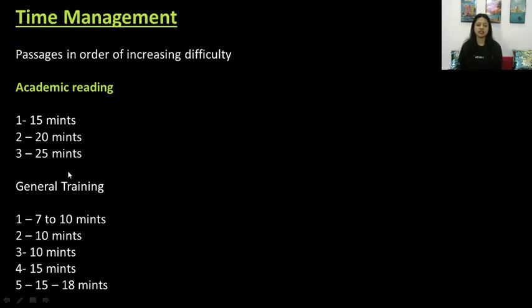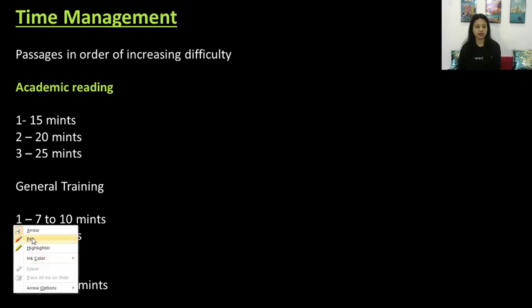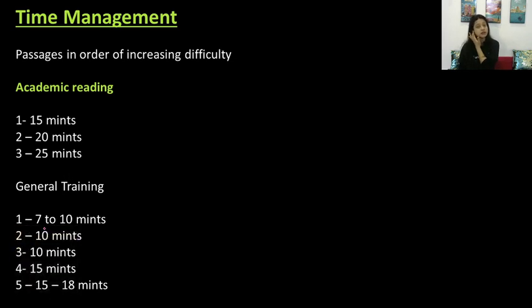Then it's important to divide your time wisely, because okay, you have one hour, great. But here you don't get extra time to transfer your answers, to write your rough answers into the fair answer sheet. In the listening exam, you get an extra 10 minutes to do that.